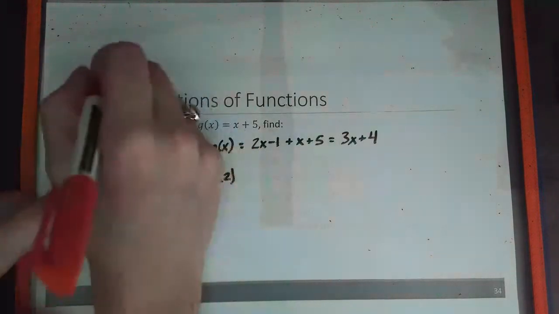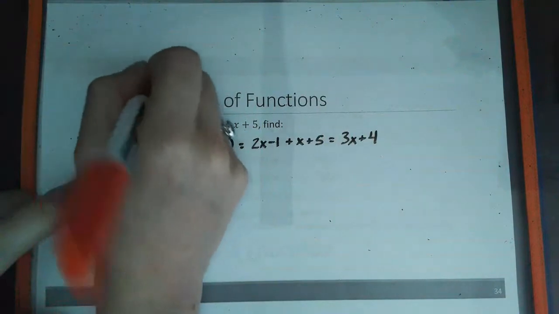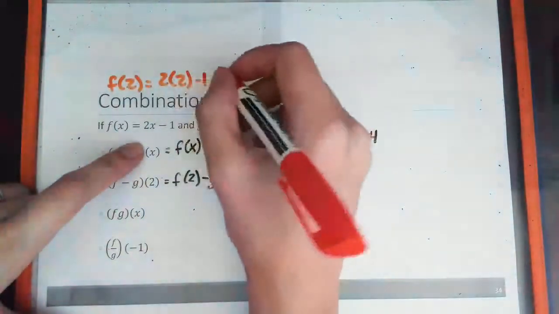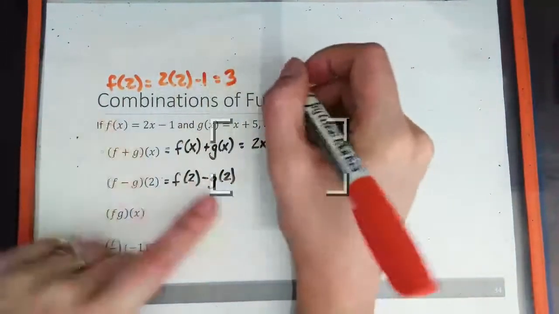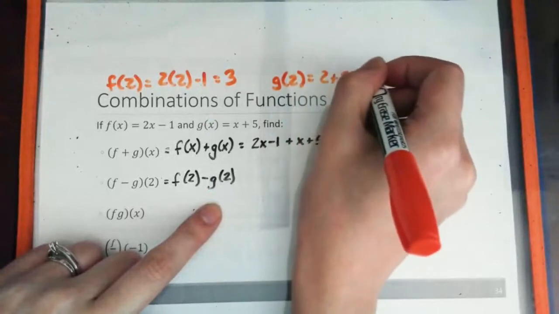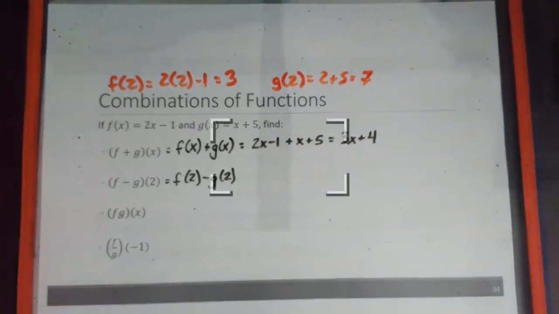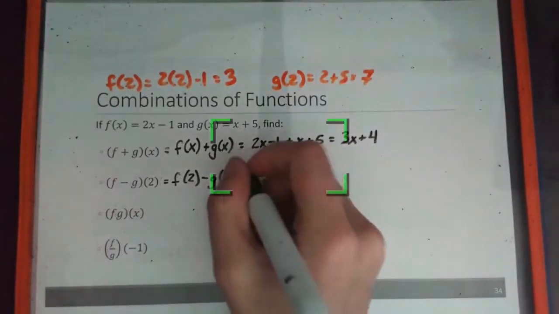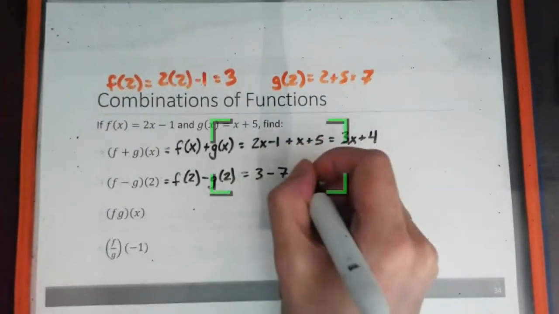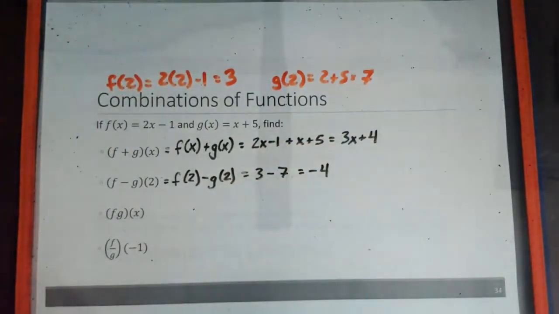So f of 2, let's figure out what that looks like. That's equal to 2 times 2 minus 1. That's 4 minus 1, which is 3. And g of 2 is equal to 2 plus 5, which is 7. So I'm looking at 3 minus 7, which is a negative 4.